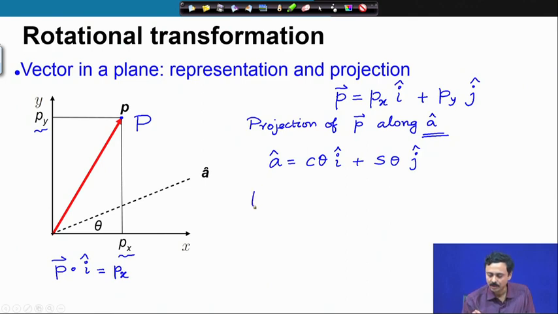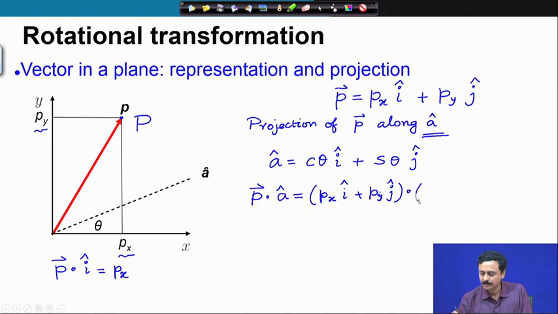So, therefore, the projection of p along a is nothing but the dot product of the p vector with a cap, and that gives us p x cosine theta plus p y sin theta.